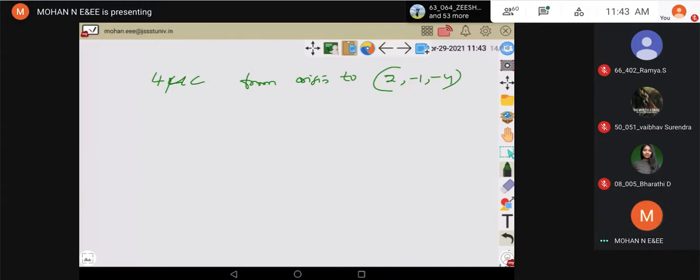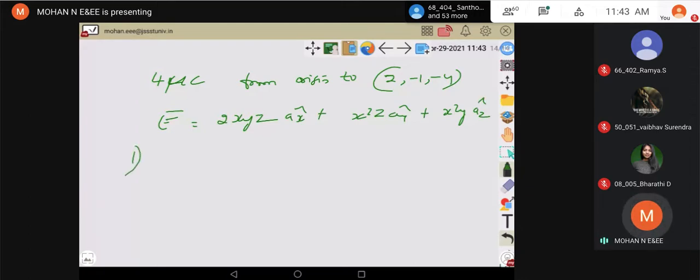Okay, origin to (2, minus 1, minus 4), and the field is given: 2xyz ax plus x square z ay plus x square y az. Okay, the paths are given. z is equal to 2x and x is equal to minus 2y, straight line segments.